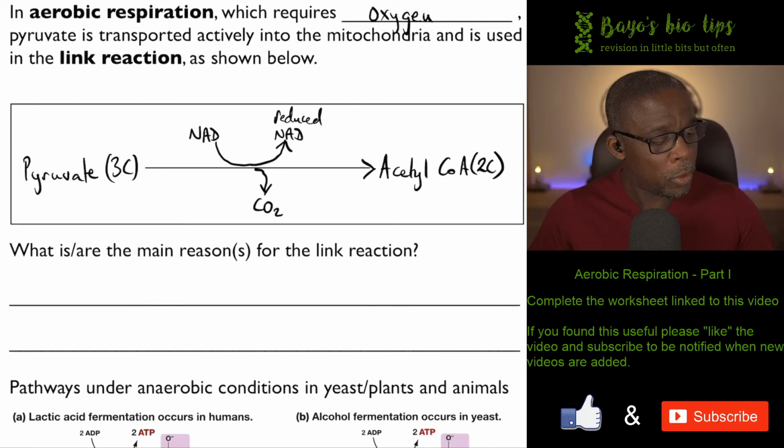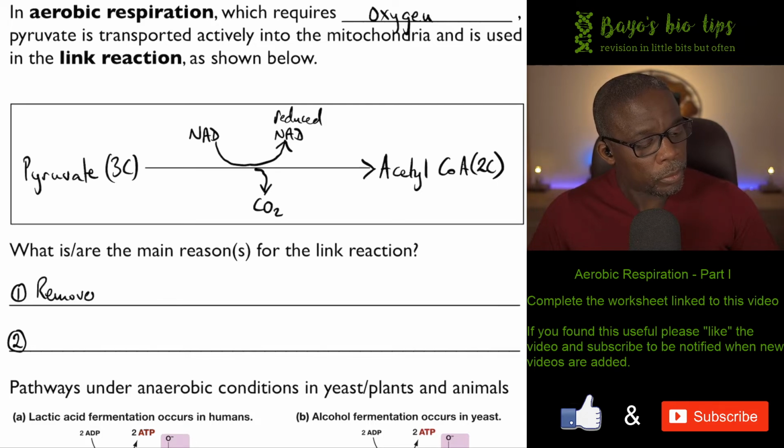So what is or are the main reasons for the link reaction? Let's think about that. So number one, it breaks off a carbon atom. So you're further breaking down the molecule you started off with. So it removes a carbon atom from pyruvate.